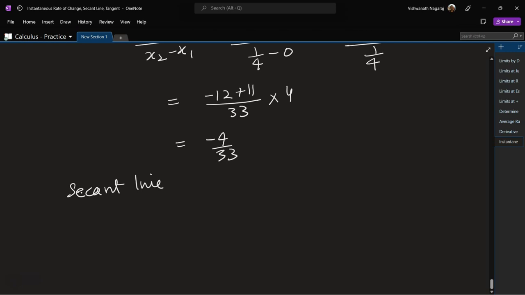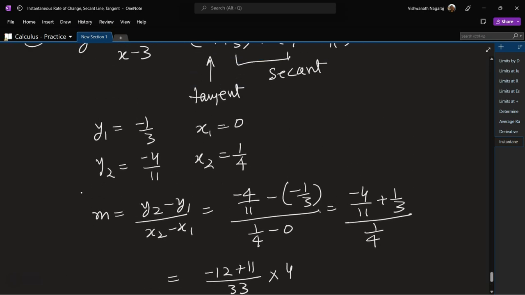We have a slope and we have a point. So y minus y1, so y1 is minus 1 by 3, is equal to slope minus 4 by 33 times x minus 0. So here we have taken y1 and x1.